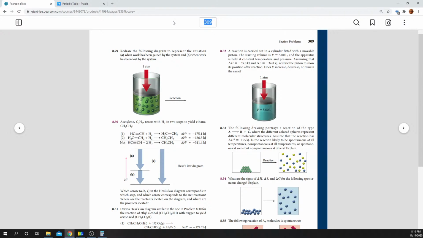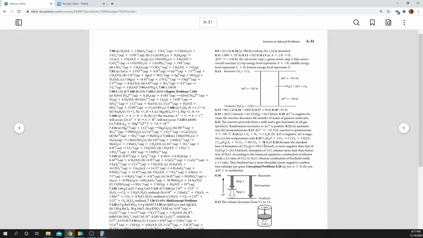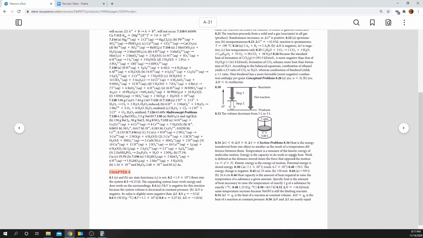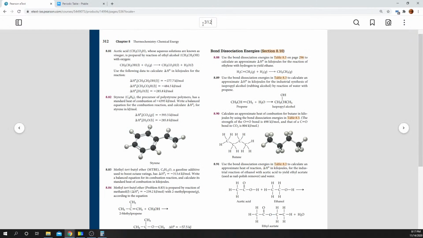Let me double check. When it began, no, it decreases from 5 to 3. Okay, so let me go through, and I should have remembered the page number. So 314. Yeah, oh, no, 312.09.